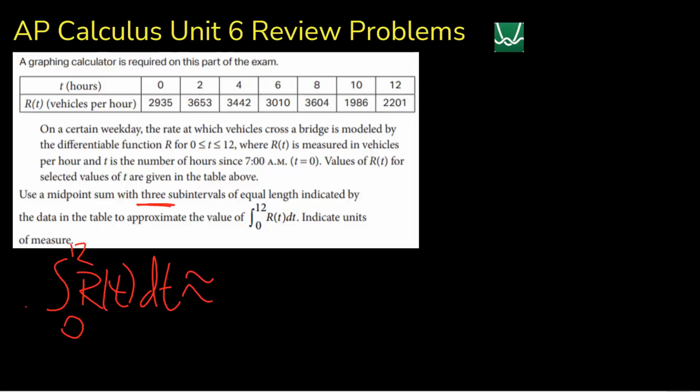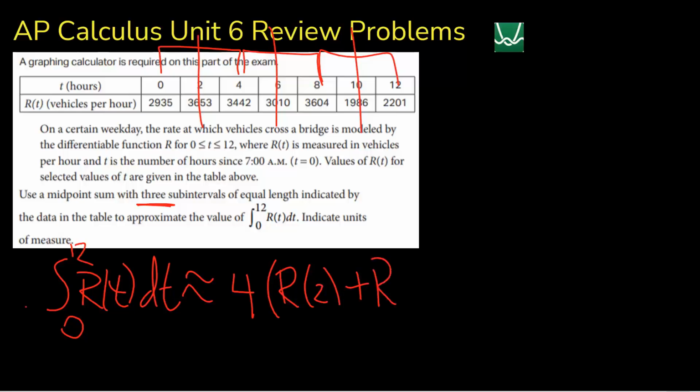This sometimes trips students up, but if you do your first subinterval from 0 to 4, the midpoint would be at 2. The next subinterval is going to go from 4 to 8. Midpoint is at 6, and then 8 to 12, midpoint is at 10. Notice the width of each of those intervals is 4 units wide. So you could do 4 times r of 2 plus r of 6 plus r of 10.